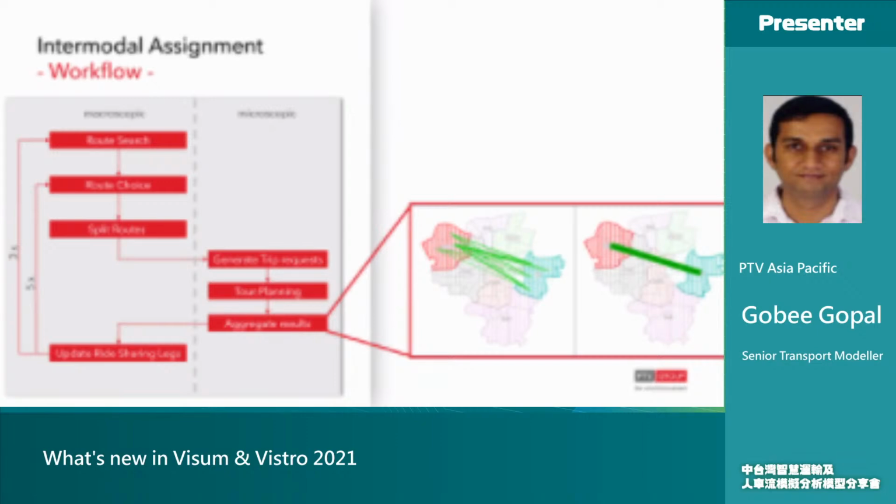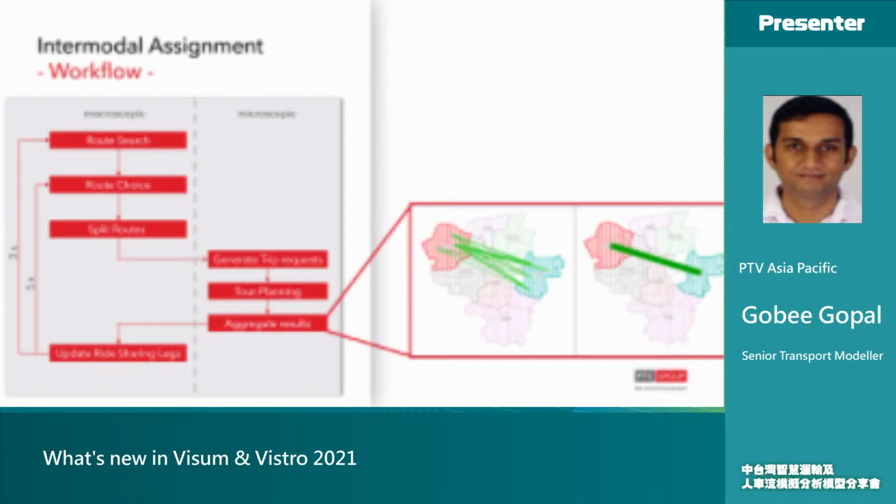So the overall workflow is a combination of macroscopic and microscopic. Under macroscopic, it involves route choice, then split routes between ride sharing, where it involves generate trip request, tour planning, aggregate result, then feedback into ride sharing, then send back.